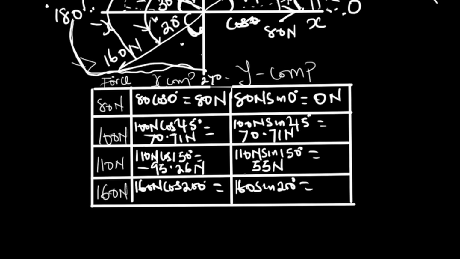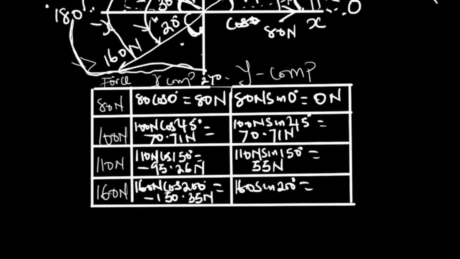And lastly, for the last one, we have our vector to be 160 newtons. So we say 160 cos 200. I'm getting negative 150.35 newtons. And for the y component, which is a sine, we say 160 sine 200.